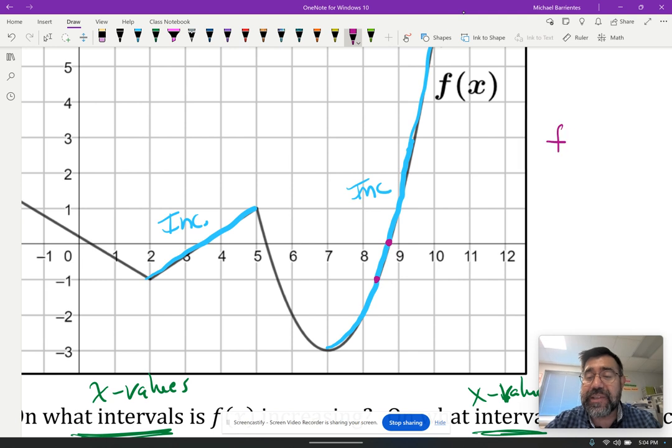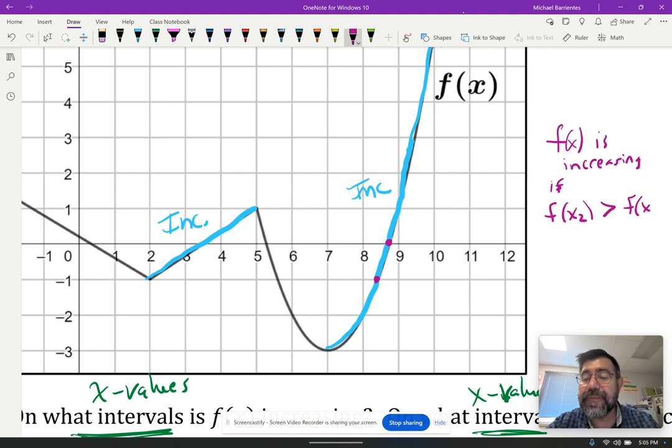A function is increasing if f of x2 is greater than f of x1 when x2 is greater than x1.